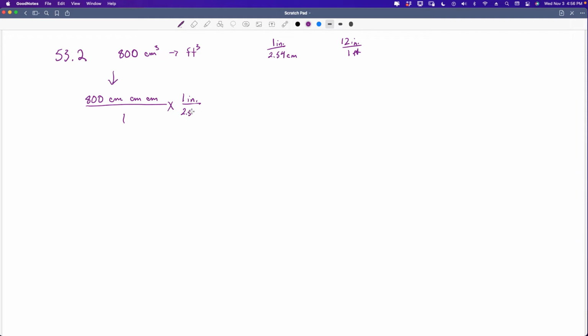So that'd be 2.54 centimeters times, all right, cancel, cancel, cancel. Now we go from inches to feet. So we want inches on the bottom. So 1 foot, 12 inches. 1 foot, 12 inches. 1 foot, 12 inches. And that's it. That's as far as we need to go.